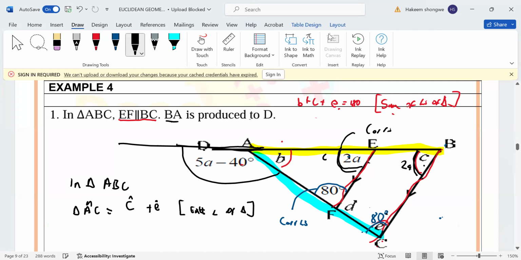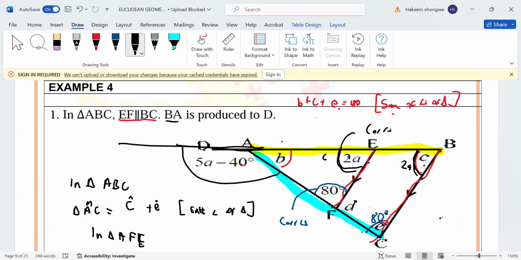Is this the only triangle that we have? It's not the only triangle that we have. So let's go to the other triangle that we have. What is the other triangle that we have? In triangle AFE, or AEF. So in triangle AEF, you can still talk about this angle which is exterior.